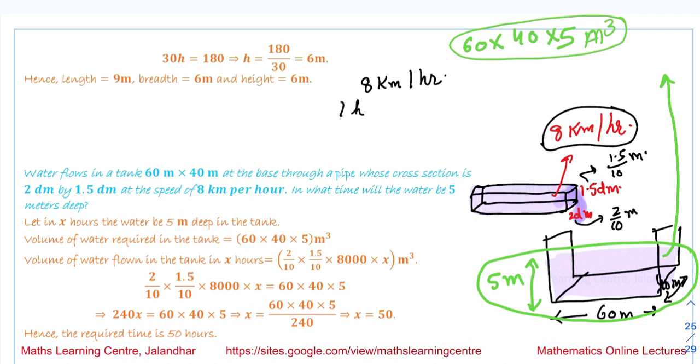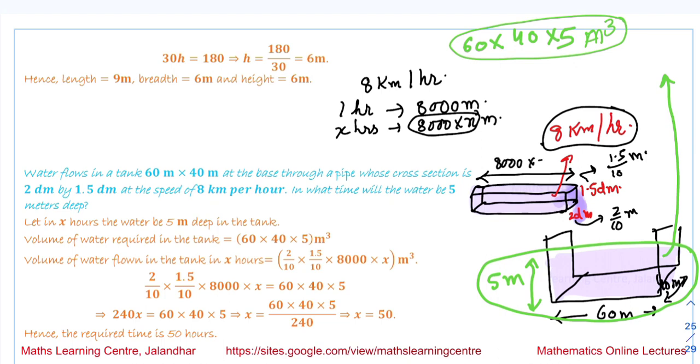That is, in 1 hour the water is traveling 8000 meter. So in X hours the water will travel 8000 into X meter. It means we are talking about this portion over here, that this is 8000 into X meter of water that will flow over here. So we have all the three dimensions now.